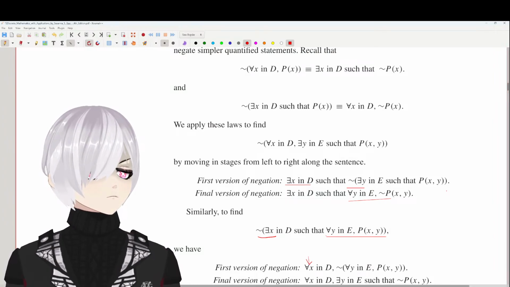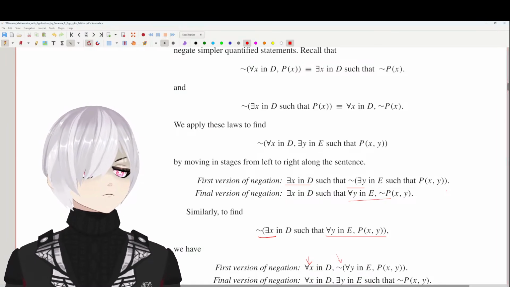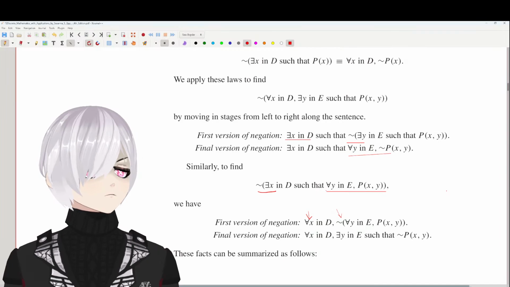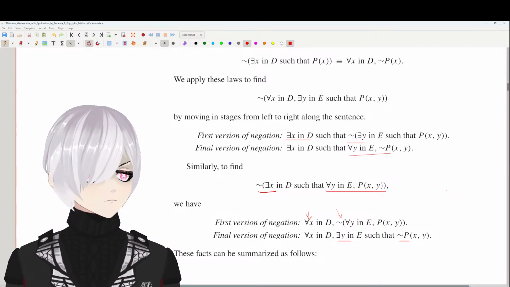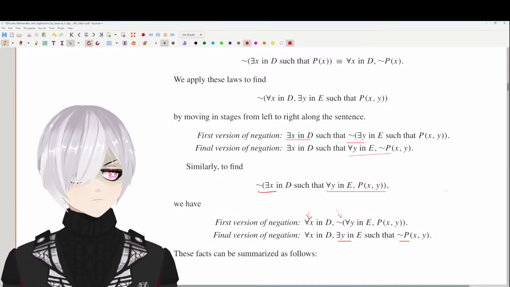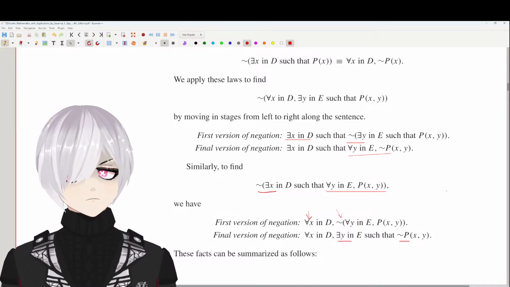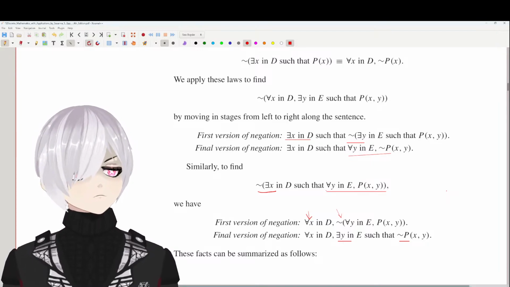And then next, we're negating a for all statement, so we're going to have an existential followed by a negation. For all x in D, there exists a y in E such that not P of x, y. And then these facts can be summarized as follows.